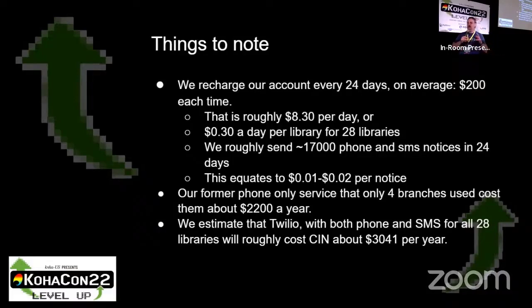You try to be concise with your messages because you don't want it to be too wordy, but you want it to have the information that has to be there. So we do, I do believe we have digests set up. Oh, what was your?